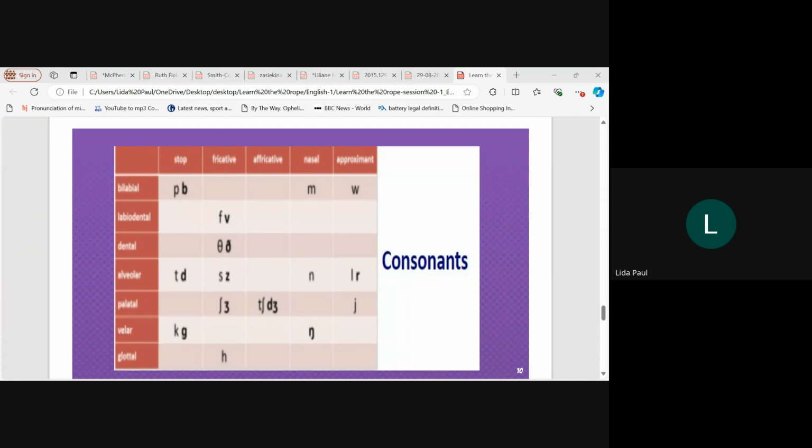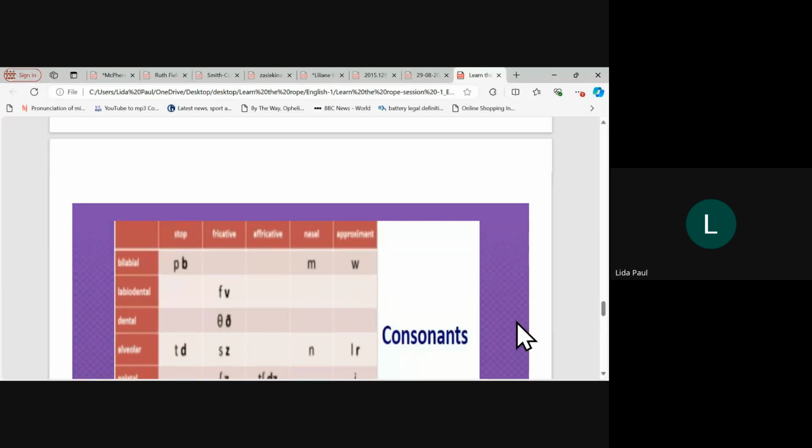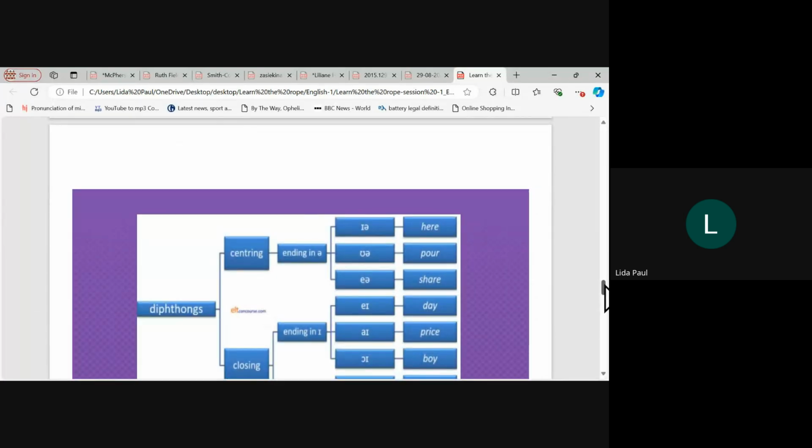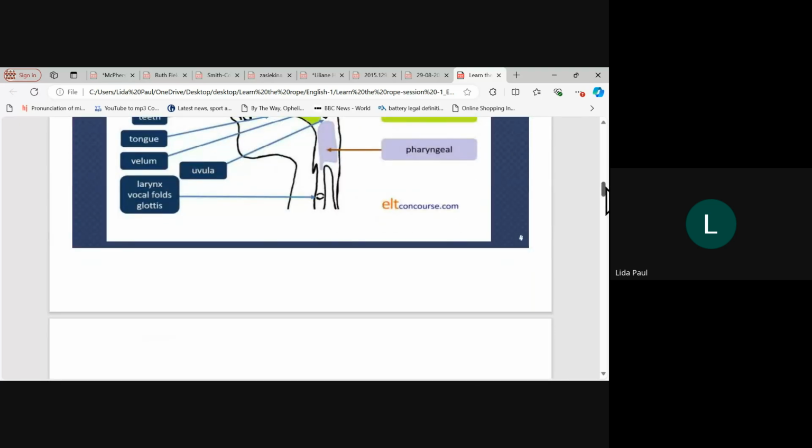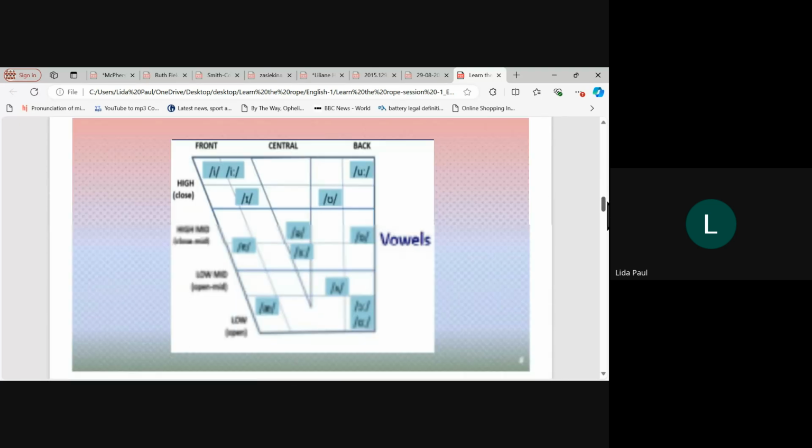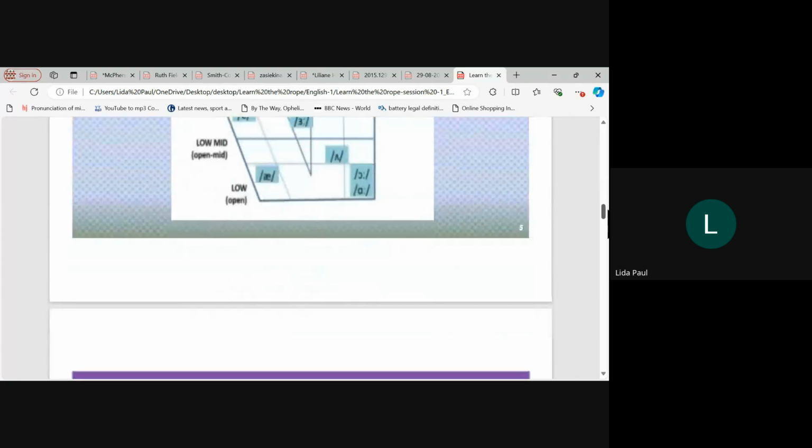Okay. So we'll continue from what we were talking about in the last class. We did discuss the vowel diagram, if I'm not wrong. Let me just scroll this one. I think this is where we discussed the vocal tract, the oral nasal cavity, and vowels.